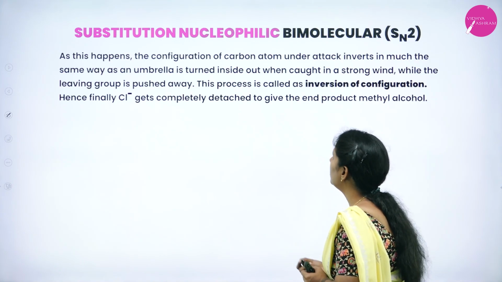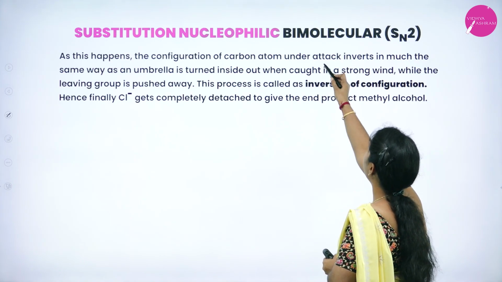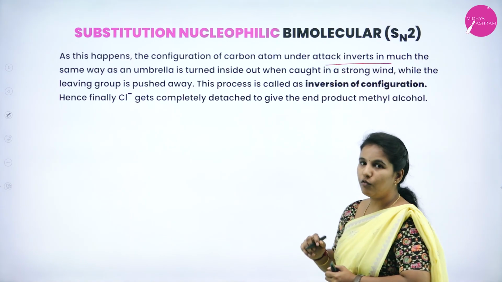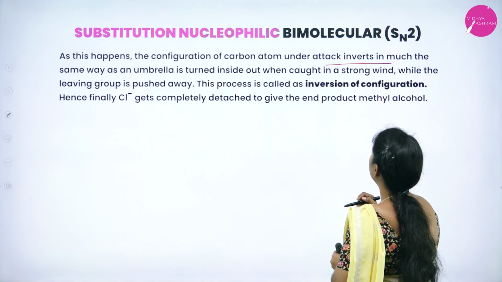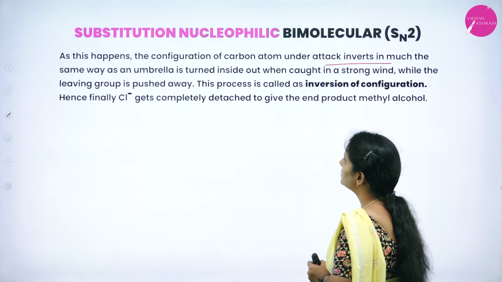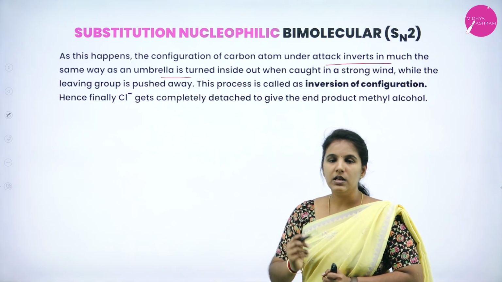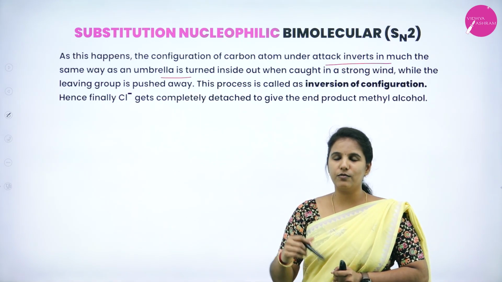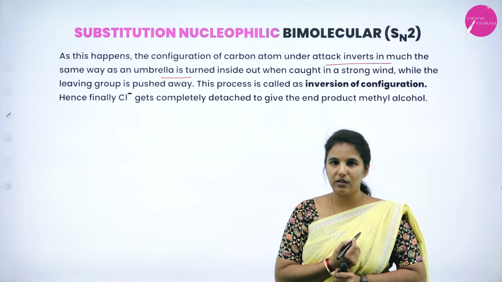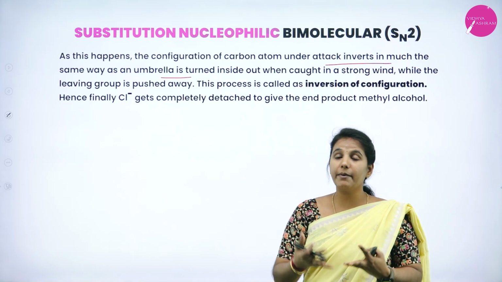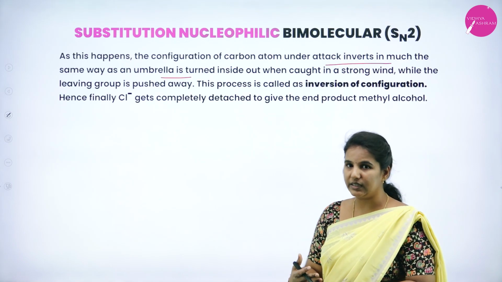Coming to these reactions, what happens? The configuration of the carbon atom under the attack of the nucleophile becomes inverted in such a way that it becomes umbrella shaped. Suppose you take an umbrella and a strong wind is blowing, what happens? The shape of the umbrella becomes inverted, right?